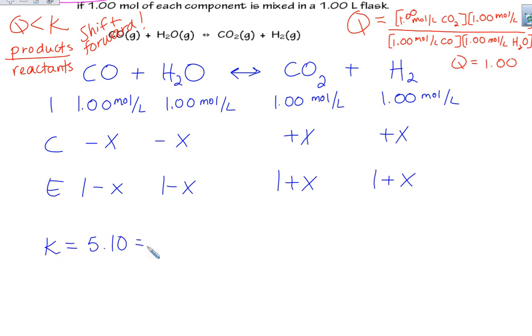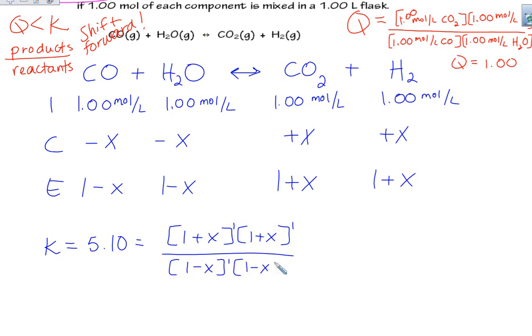So let's just set this up with our variable. Our products are each 1 plus x, and they're both just to the first power. That's a good thing. It's going to make this really easy. And then my reactants are 1 minus x and 1 minus x. Excellent.